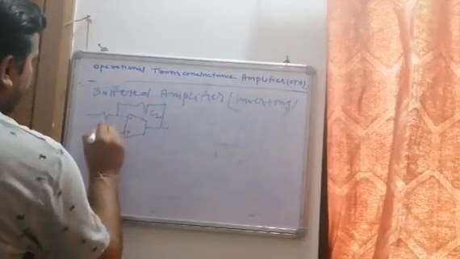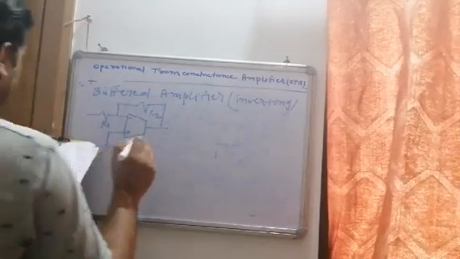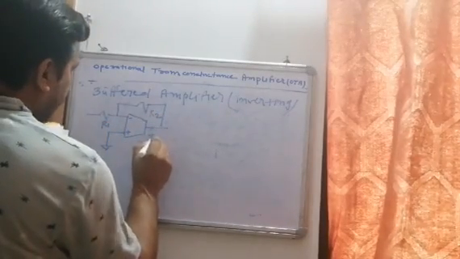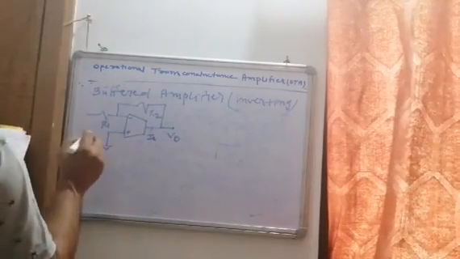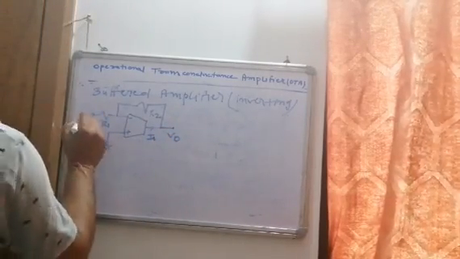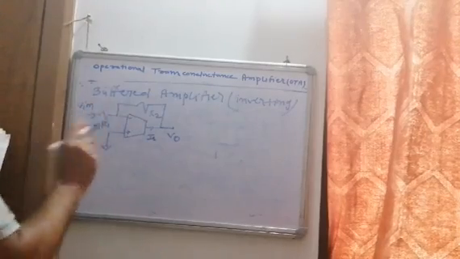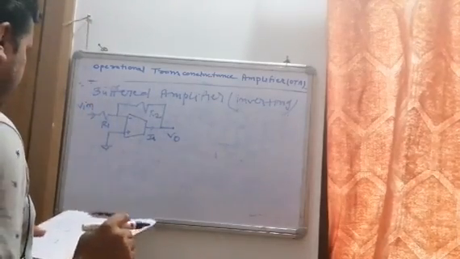This is R2, R1, I naught, this is V naught, and input is applied at V in at the inverting configuration.